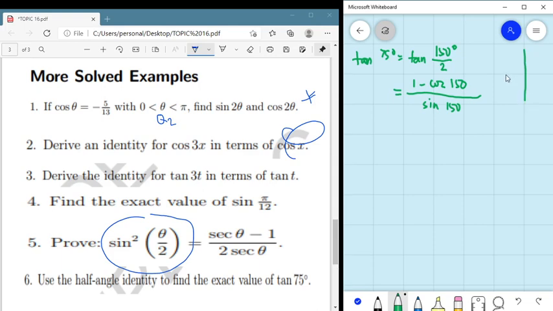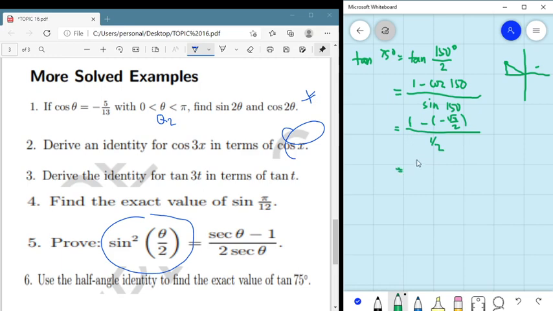For 150 degrees, we count 90, 180, take 30, that is 5 over 6 pi. So your cosine is negative square root of 3 over 2, and your sine there is positive 1/2.